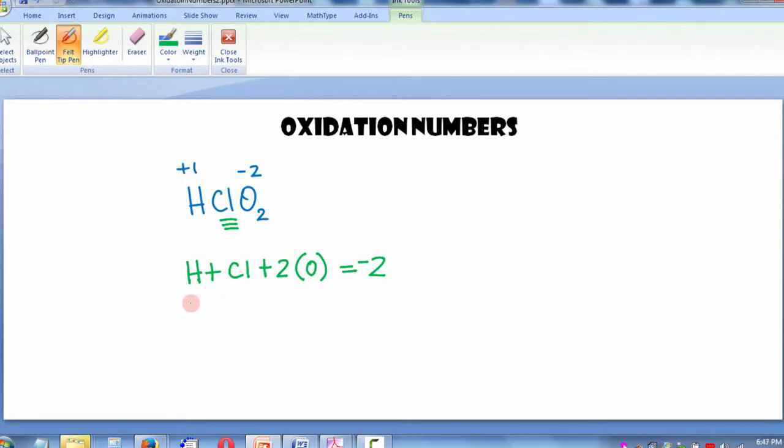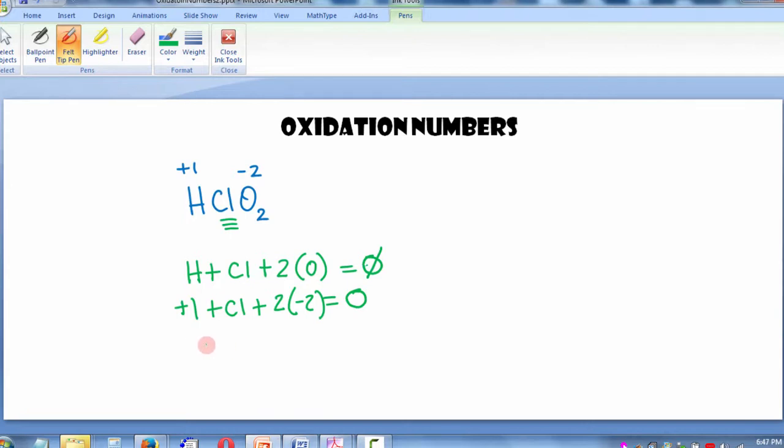Okay, so hydrogen plus chlorine, and let me go back and say, we know the oxidation state of hydrogen is plus 1, plus chlorine plus 2 times the minus 2 must equal, I made a mistake here, that should be 0. Okay, that should equal 0.